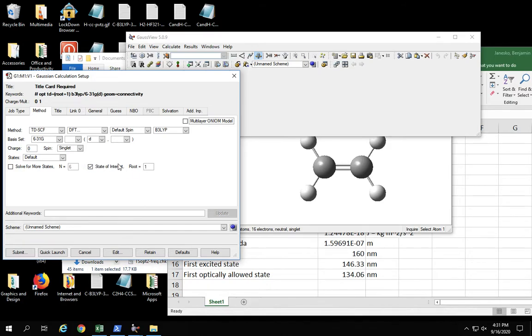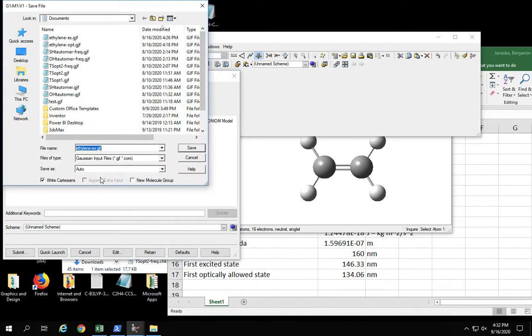So here, I have to say which state I'm going to optimize. I'm going to optimize the first computed excited state. I could optimize the second computed excited state if I believed the first one wasn't relevant to experiment, but I'm going to start with the first excited state. So now I see an optimized TD root equals 1, the method, the basis set, and so on.